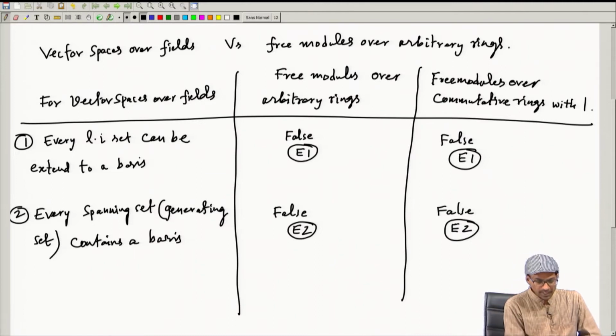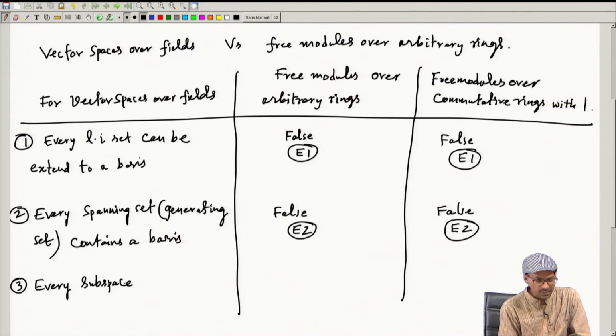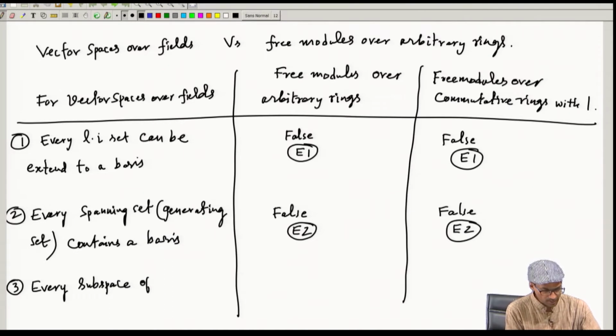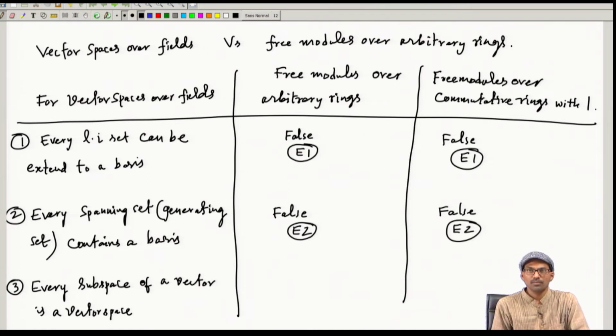The next property is: every subspace of a vector space is a vector space. But in the case of free modules this is not true.